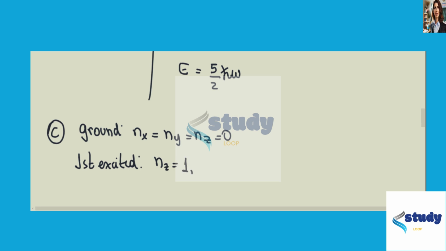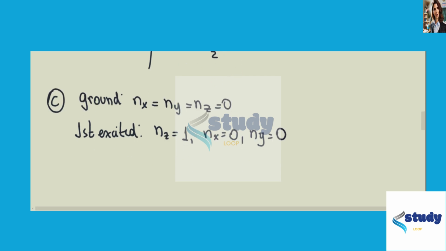That's nz equals 1, nx equals 0, and ny equals 0. Notice that, as I said before, neither nx nor ny can be 1, because the energy would be greater than the energy of the state that has nz equals 1 and nx equals 0 and ny equals 0.